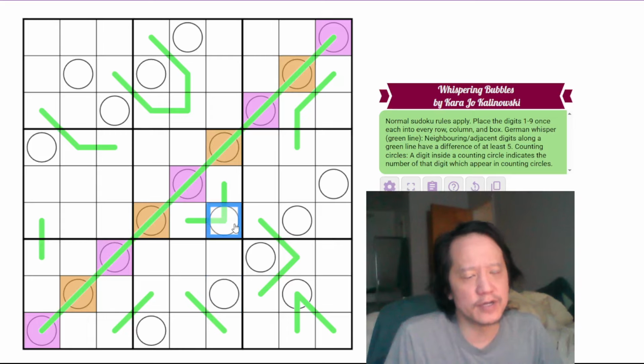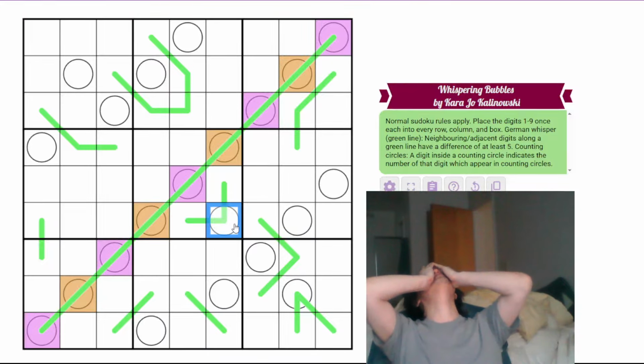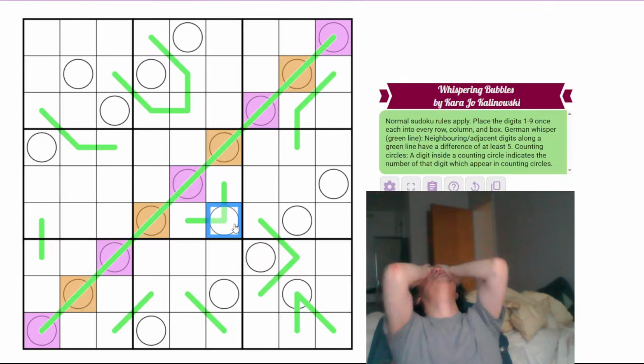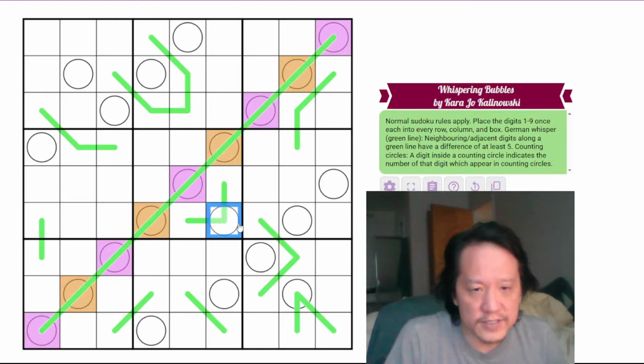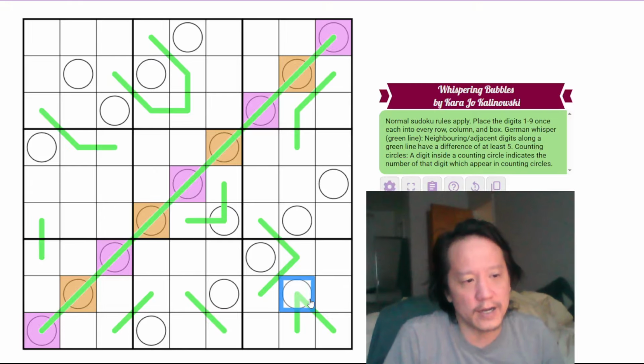This almost certainly has to be a high digit on this Whisper 5 line. Yes, because 7 and 8, well, it could be 1, 2, or 3. That's also possible. Both of these cannot be, though, because we have a minimum of 7 and 8 for the highs.